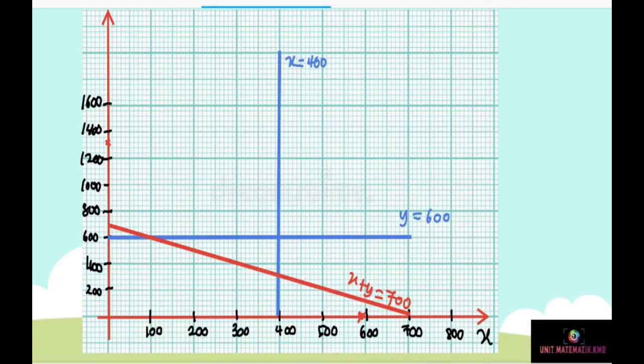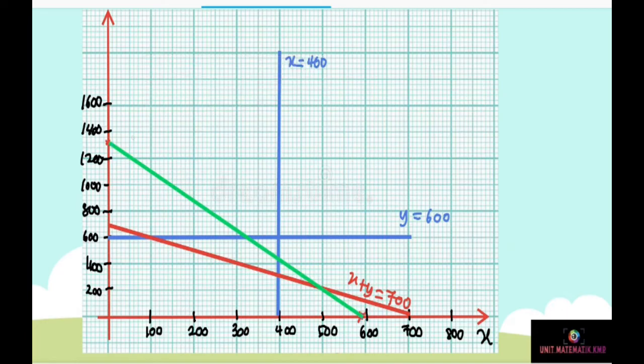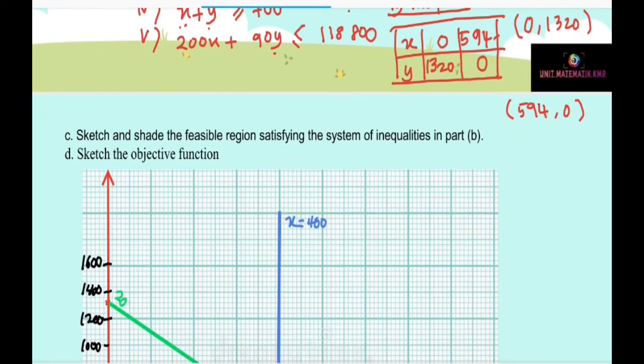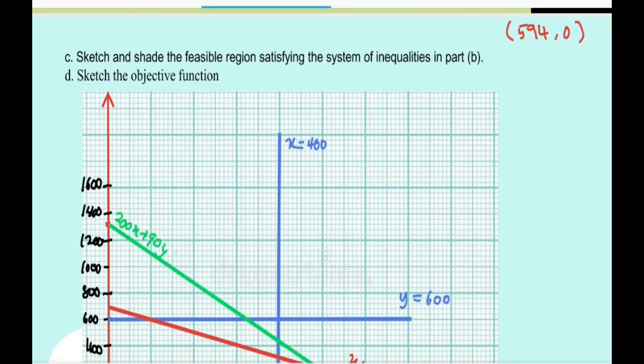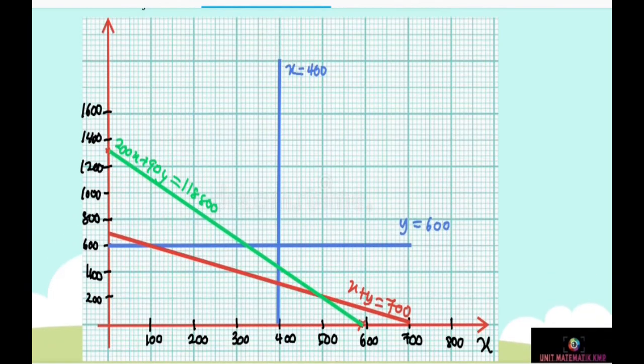So we can connect these two points with a green line. This line is 200x plus 90y equals 118,800. This is the important thing you need to do in your graph.